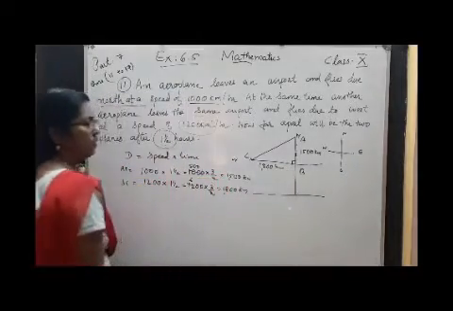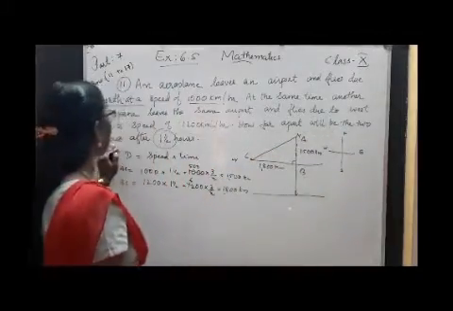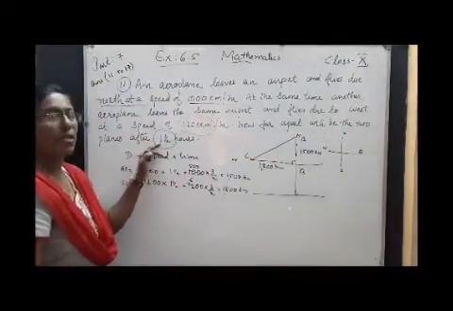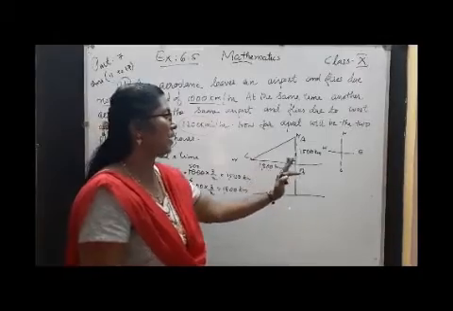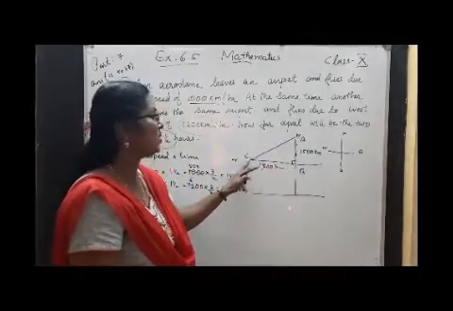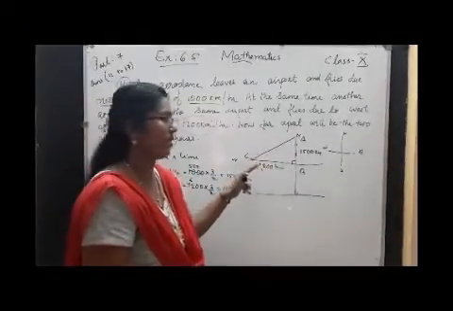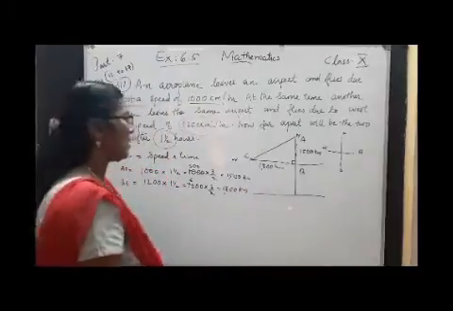Here the distance is 1800 km. Our aim is to find how far apart the two planes will be after 1.5 hours. After 1.5 hours, the first plane reaches point A and the second plane is at point B. Our aim is the distance between the two planes. Consider this as a right angle triangle.